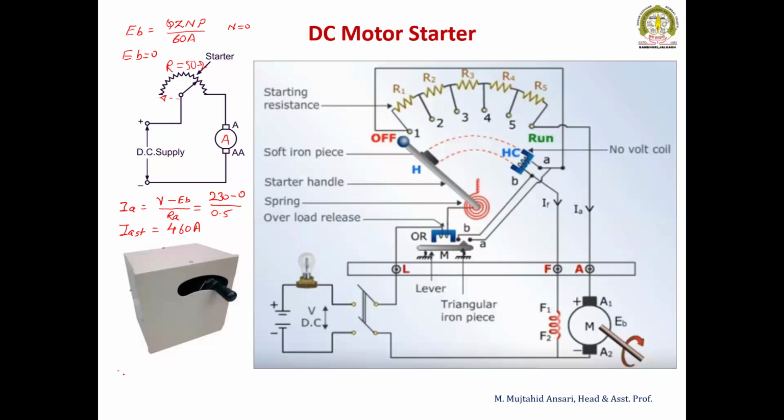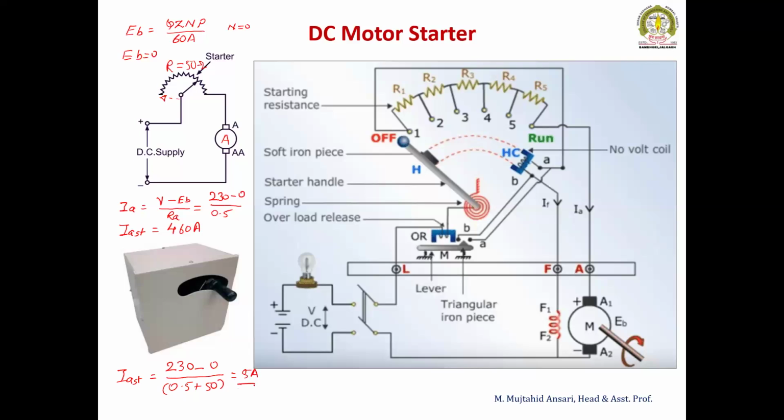Now the armature current at the time of starting is equal to 230 volt, the supply voltage, minus 0, since back EMF is 0 at starting, divided by 0.5 plus 50 ohm. So now the current at the time of starting is hardly 5 ampere.